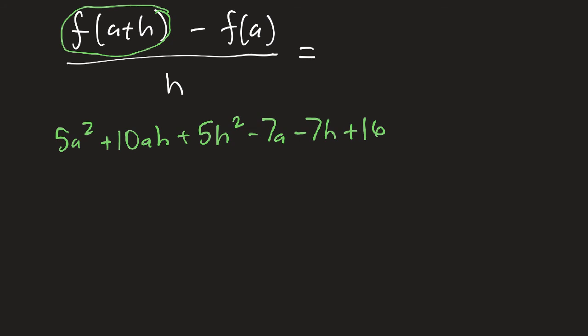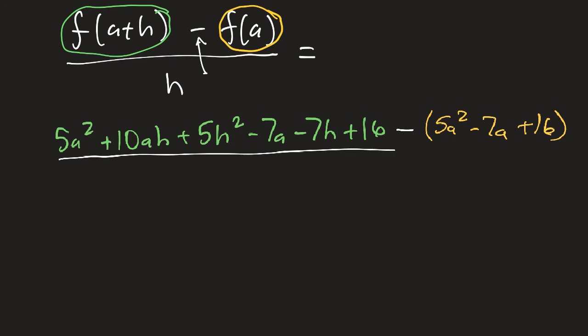Then there's a minus sign right there, and then we have f of a, and I'll write that in yellow over here. And it's a trinomial, so I'm going to put it in parentheses because we're going to have to distribute that negative. f of a is 5a squared minus 7a plus 16. And then remember, this whole thing is part of a fraction, and the denominator is just h.